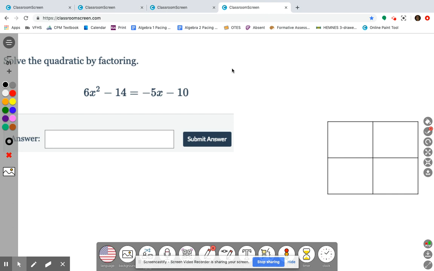And then the last example for these notes, we're going to write down what we started with. We're going to bring everything to the left side, so I need to add 5x and add 10. There's not a 5x piece to actually add to combine like terms, so I'm going to place it in the middle to make sure it's in the correct order, and actually add my 10 to this -14.